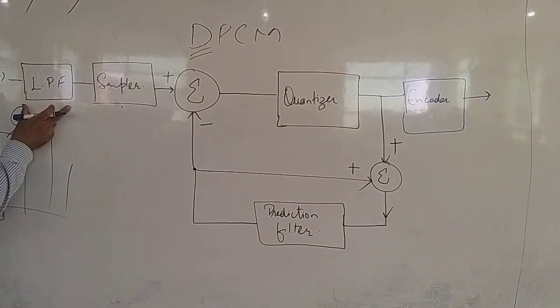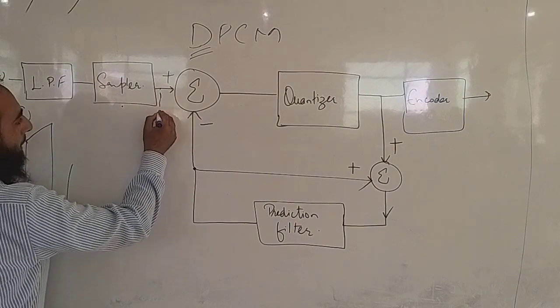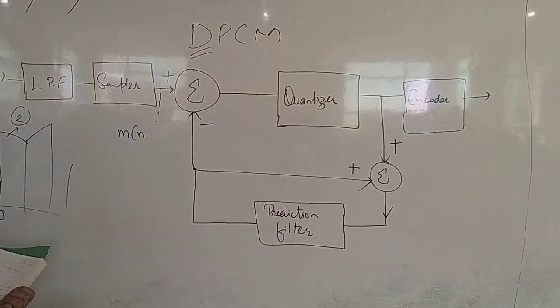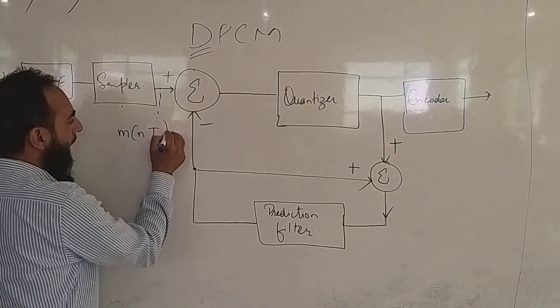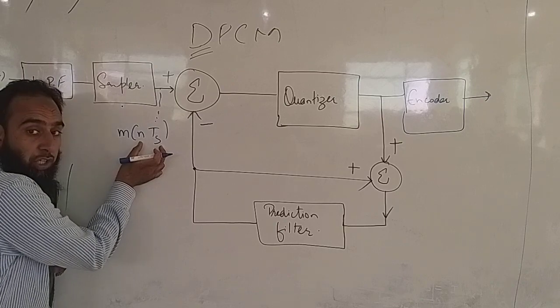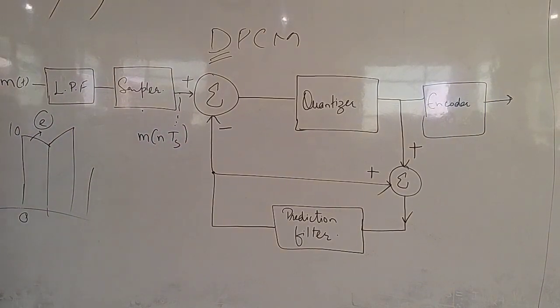एनीवेज, दिस इज माय लो पास फिल्टर, दिस इज द सैंपलर. So imagine my m of t is the original signal. My sampled signal will be m of nT_s. Do you get my point? Why? Because your variable t is changed to nT_s, where T_s is the sampling period. Is that okay?